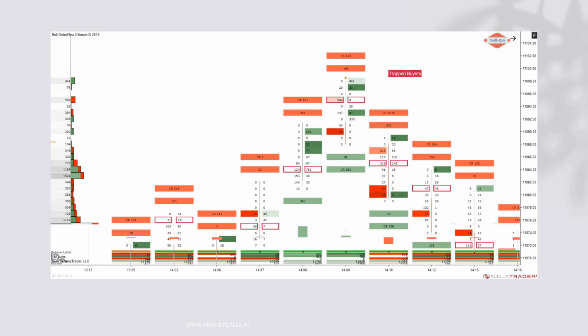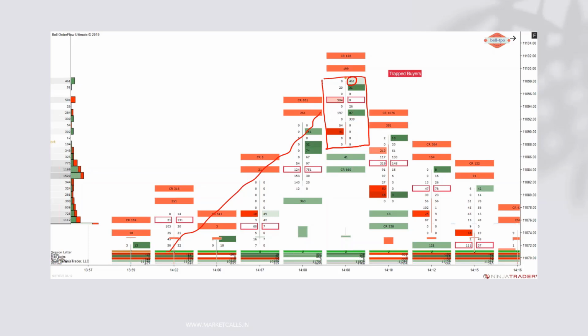So here, this is a classical example of what happened. In case of a trapped buyer, price keeps going higher and we have an absorption bar. So how do I know it's an absorption bar? You have a bar with high volumes. Big volume is there on the buy side, right?